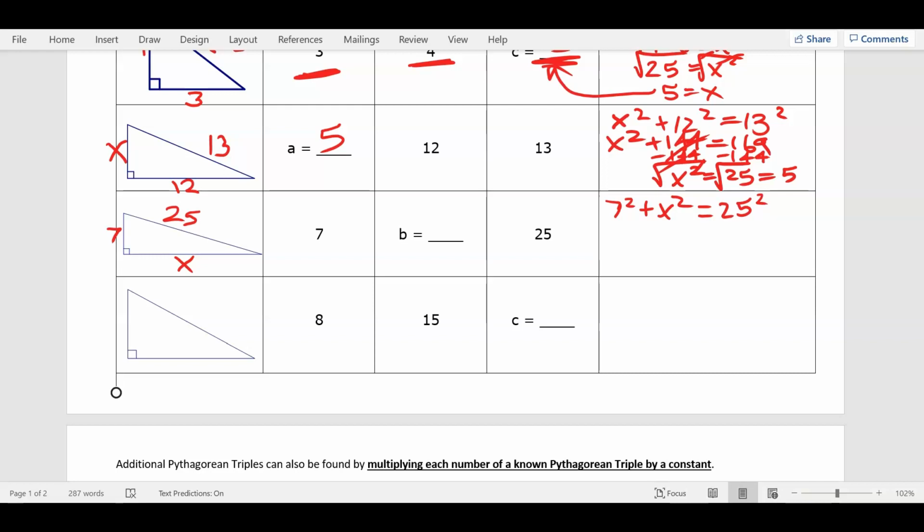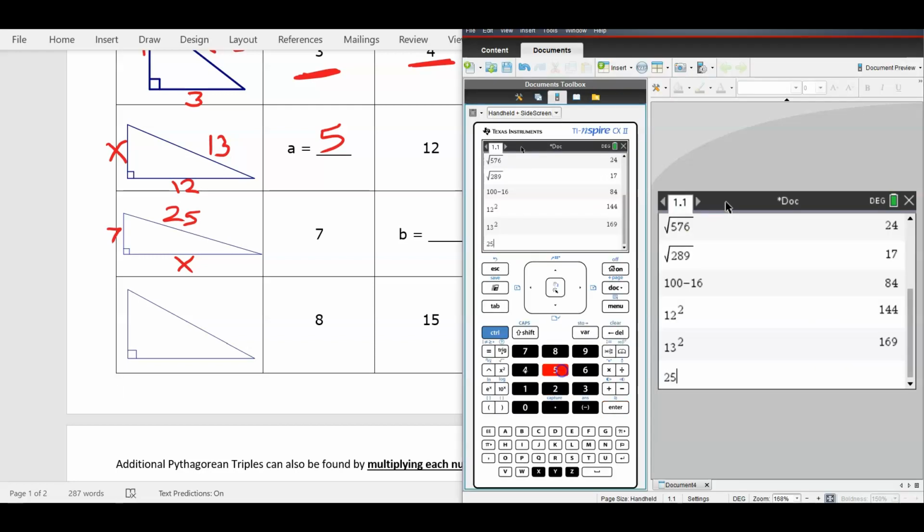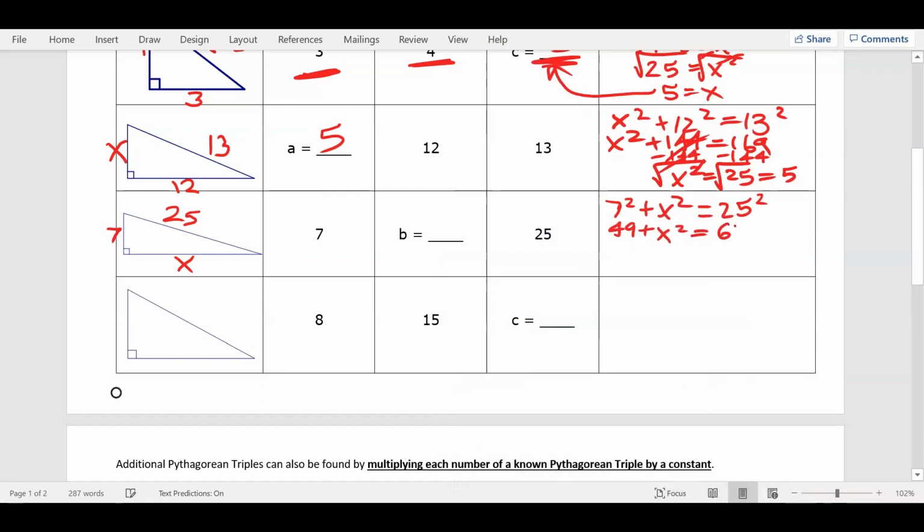And then we square them. We get the numbers. 7 squared is 7 times 7, 49. Now, 25 squared. You may not know that off the top of your head. That's fine. 25 squared is 625. And then to get x by itself, we need to get rid of 49. So minus 49, minus 49.